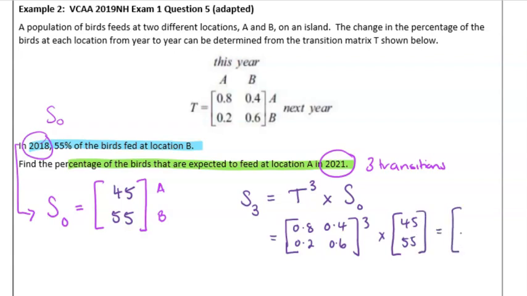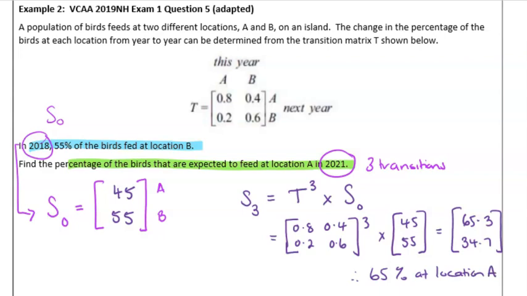When I do that, I get 65.3 at location A and 34.7 at location B. And so what percentage are expected? Therefore, we can say 65% at location A.